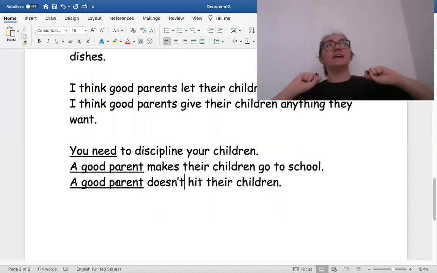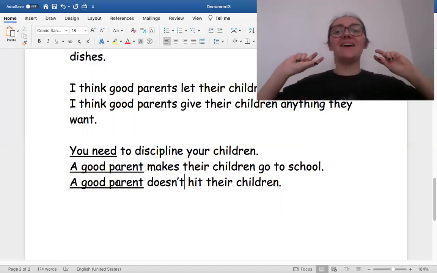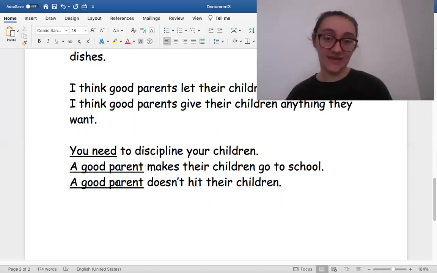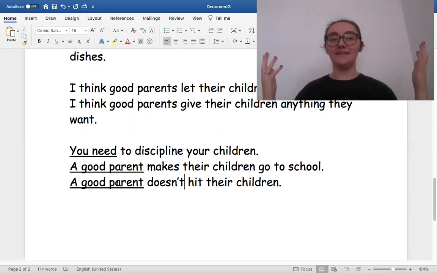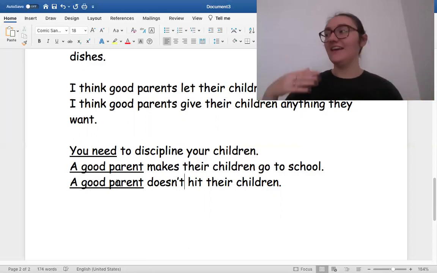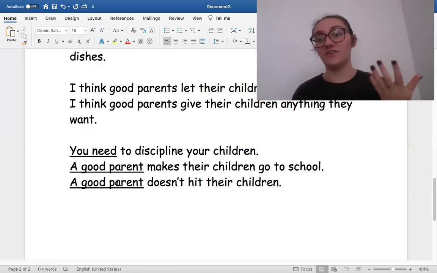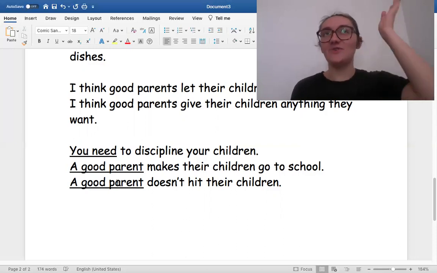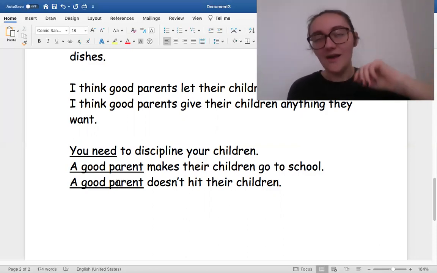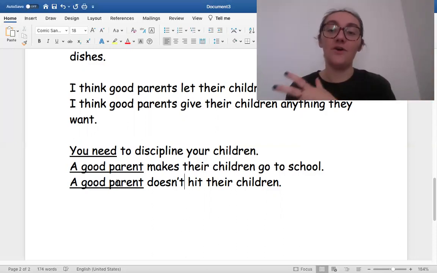It's saying that this is almost like a fact and not an opinion. A fact is something that's true everywhere, right? So a fact is if you drop something, it falls, right? But I guess that's a fact on Earth. If you drop something in space, it floats around. But if you drop something on Earth, it falls down.